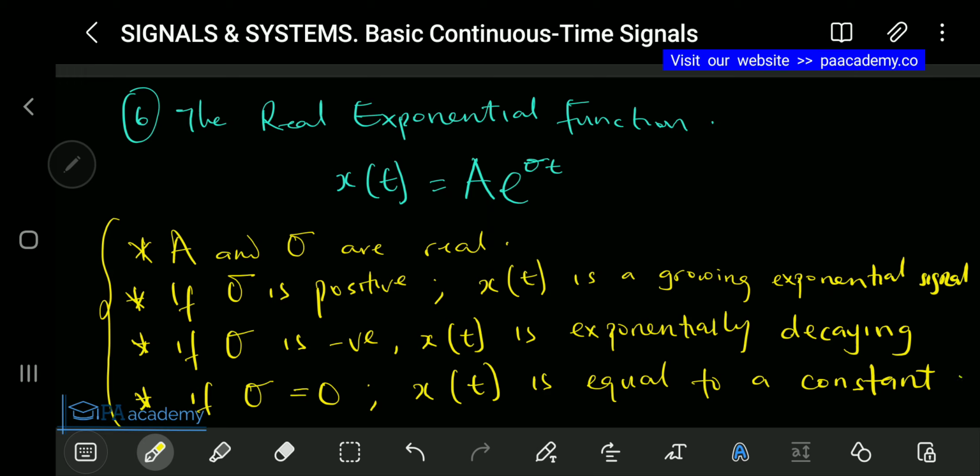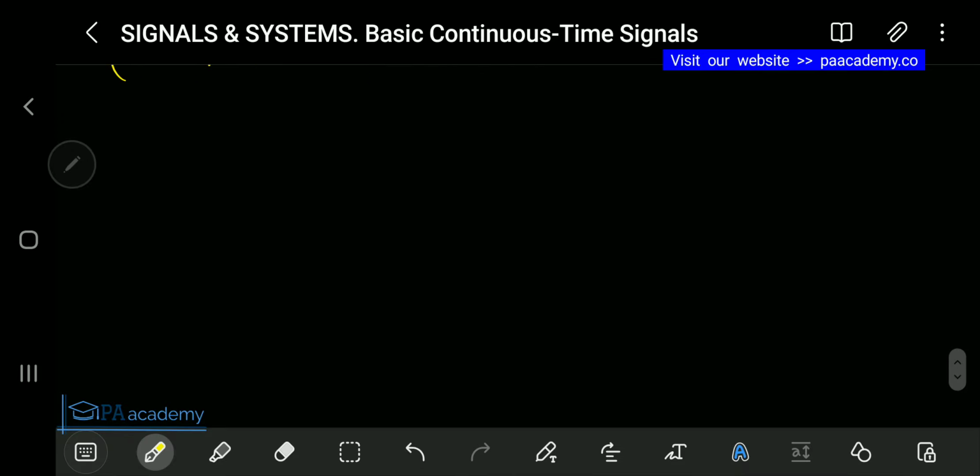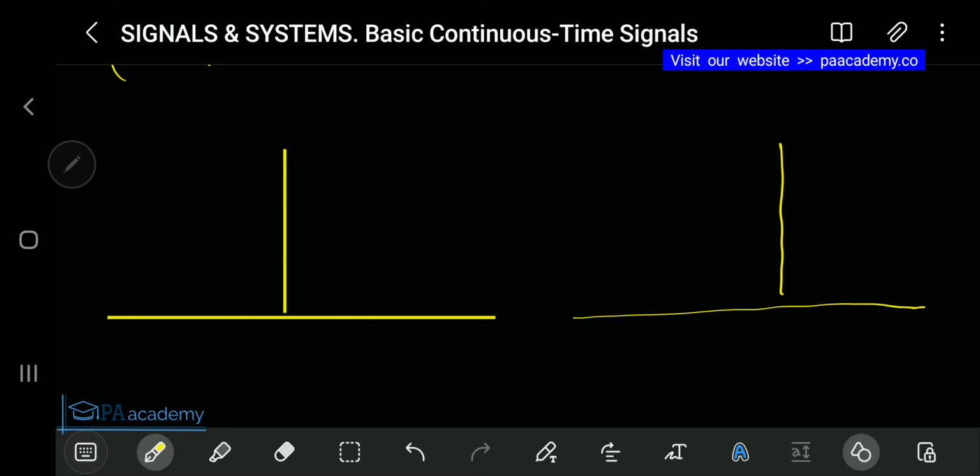All right. So now let's look at what they look like in diagram, especially for the growing and decaying exponential signals. Let's start with the first one. Let's draw our axes, so let me extend this to this point.